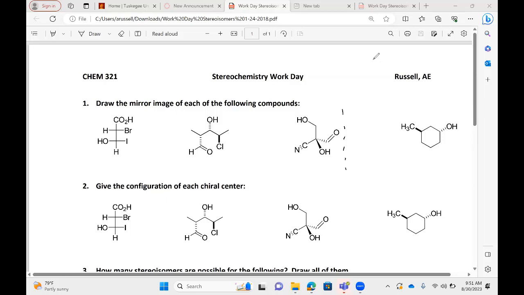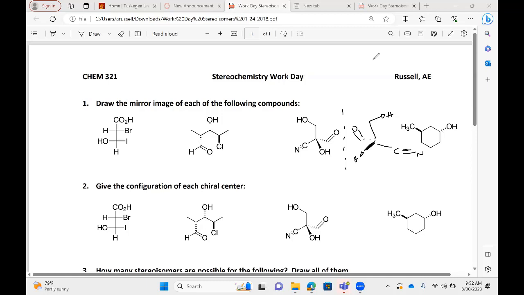And then I saw you draw this first, which is good. And then this. Is that right? And the nitrile, and then the carbonyl, like that. All right. Good.